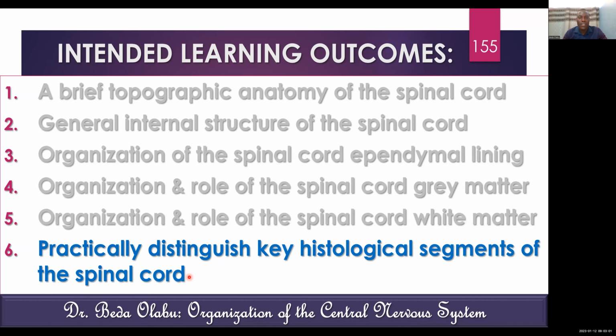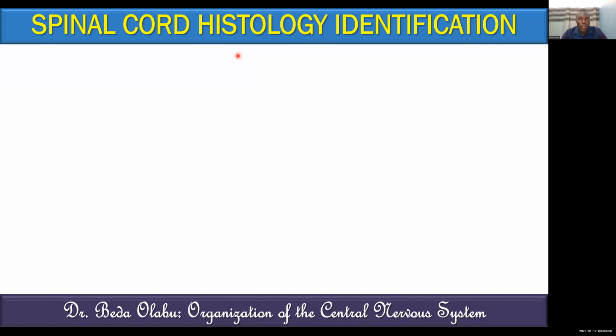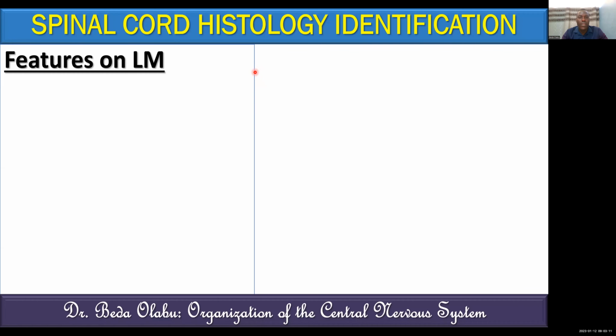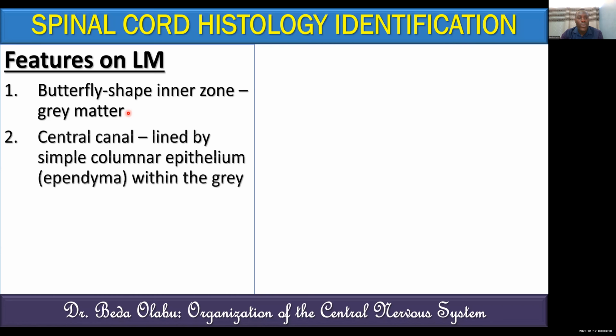Before that, maybe I give you some tips. The tip is this. On the spinal cord, one, when you see the characteristic shape of the spinal cord gray matter, very important to note. We also know that the spinal cord has a central canal which is lined by ependyma.